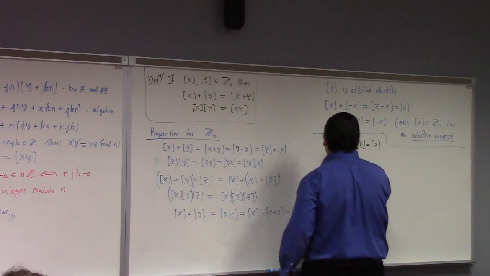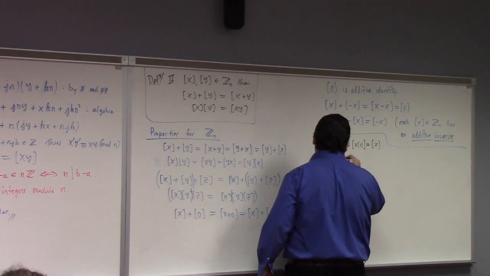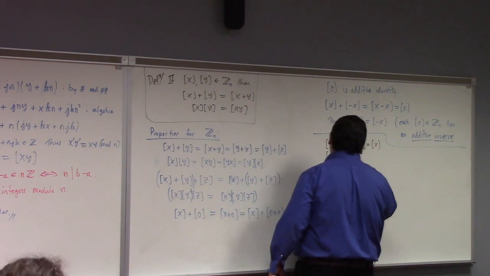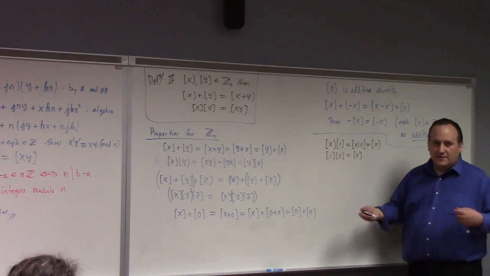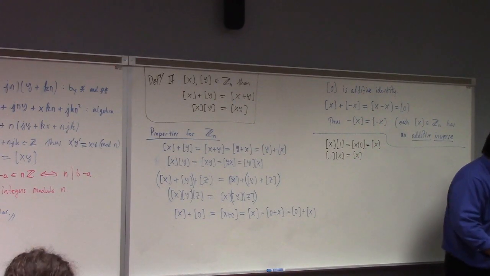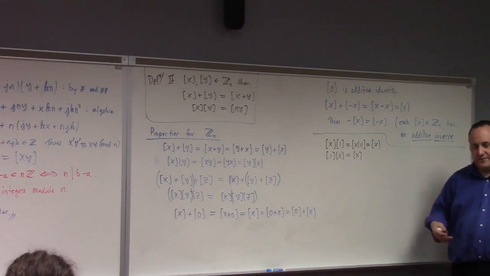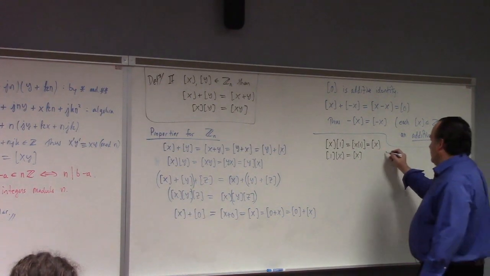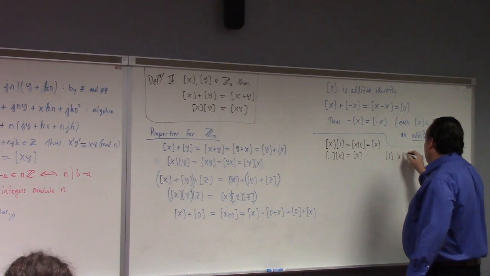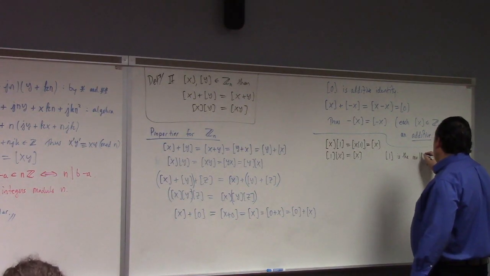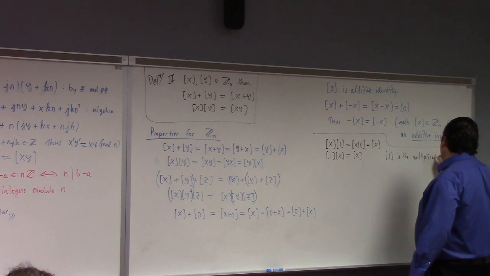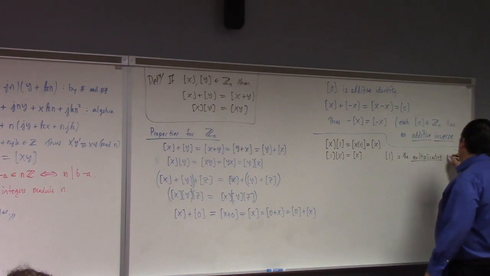And likewise, 1 times x is equal to x. We know multiplication is commutative, so if it's working on the left, it's also working on the right. But anyway, let's write it out here. 1 is the multiplicative identity.